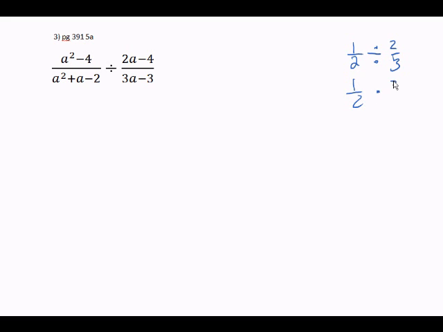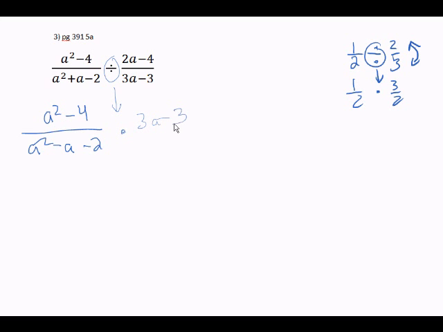Exactly. You flip the second fraction. So you change divide to multiply, and you flip. So we're going to do that. A squared minus 4 over a squared minus a minus 2. Change divide to multiply, and flip the second fraction.